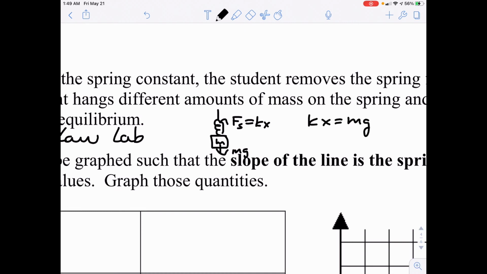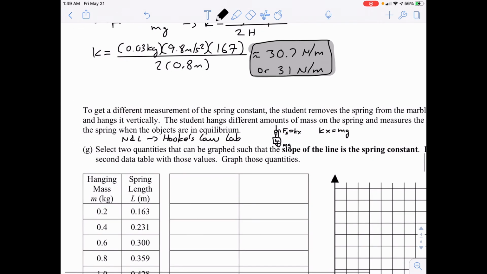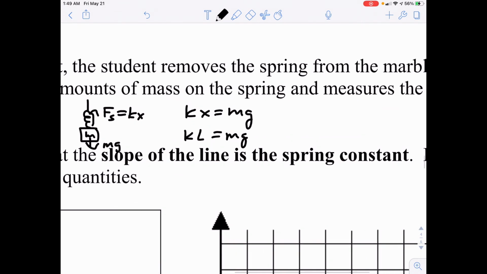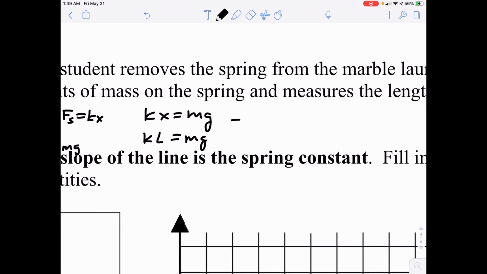According to the variables they're using, the spring length is L, not x, so kL equals mg. And so how can we get k? Well, if we solve for it, k is mg over L.